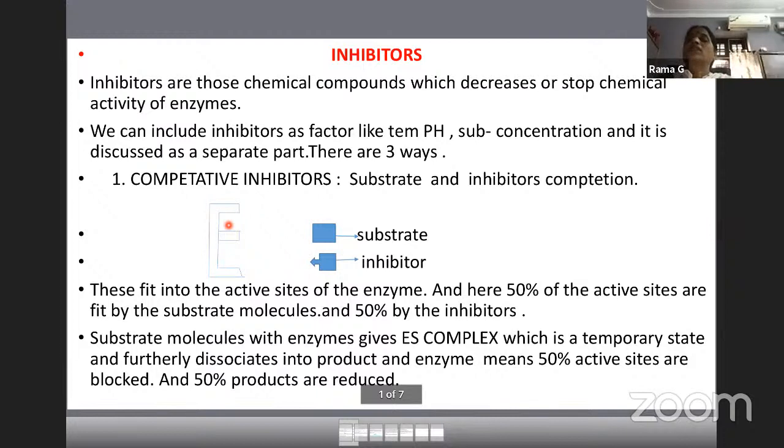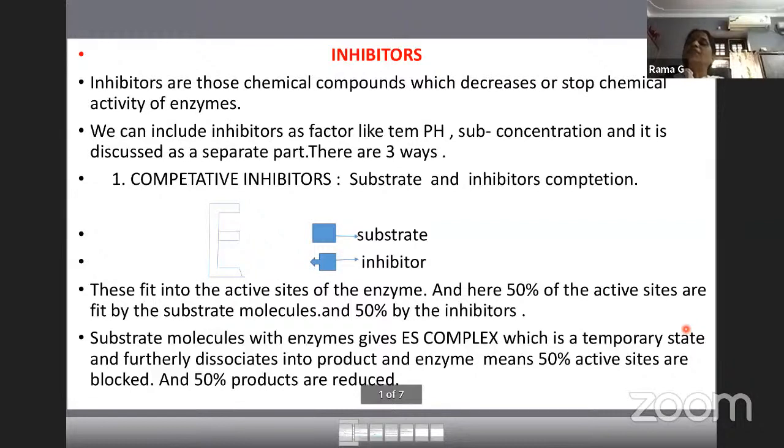There is a chance of two complex formations. One is the enzyme substrate complex, which is a temporary state. That means a transition state, which is temporary. And this temporary enzyme substrate complex further dissociates into product and enzyme.